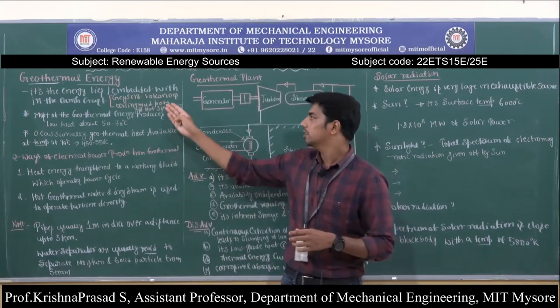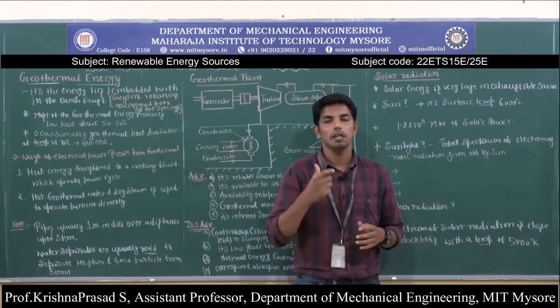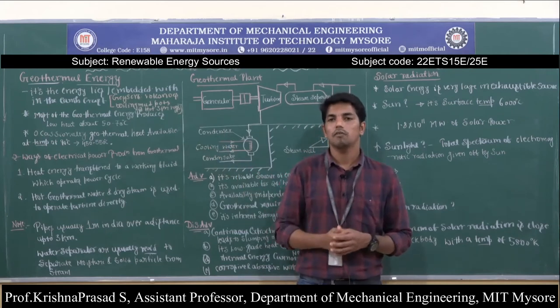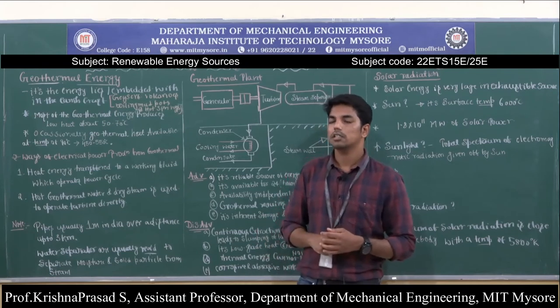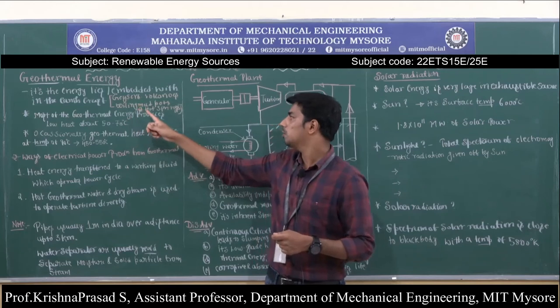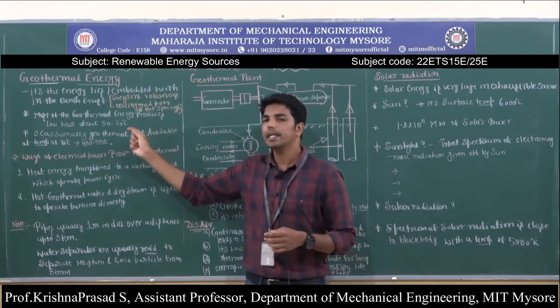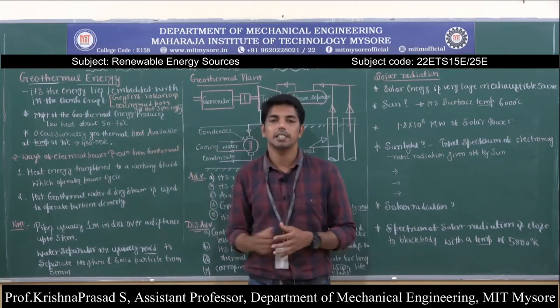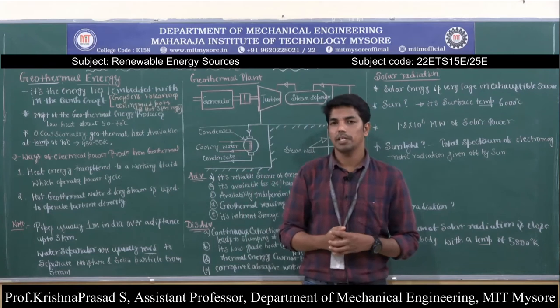Okay, I repeat: geysers, volcanoes, boiling mud pots and hot springs are the visible evidence that hot reservoirs are available deep inside the earth's crust. Most of the geothermal sources like geysers, boiling mud pots and hot springs produce a low heat of about 50 to 70 degrees centigrade, and this can be used directly for thermal application.